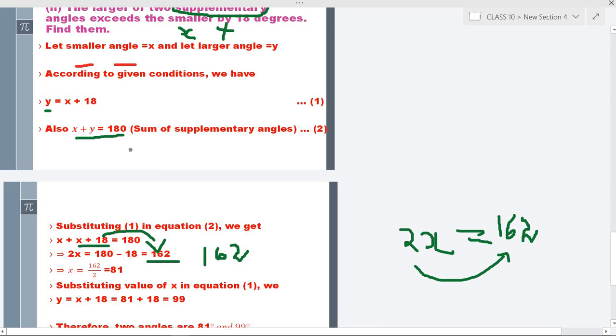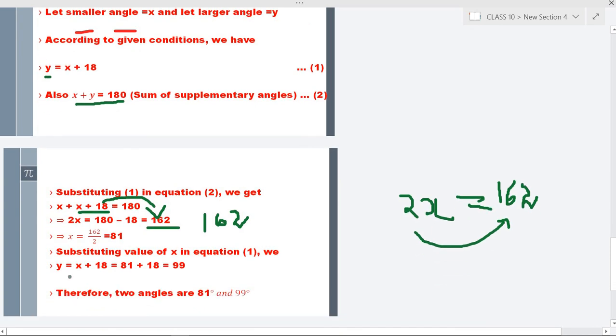You substitute this value 81 in this equation, y is equal to x plus 18. So you get 81 plus 18 is equal to 99.